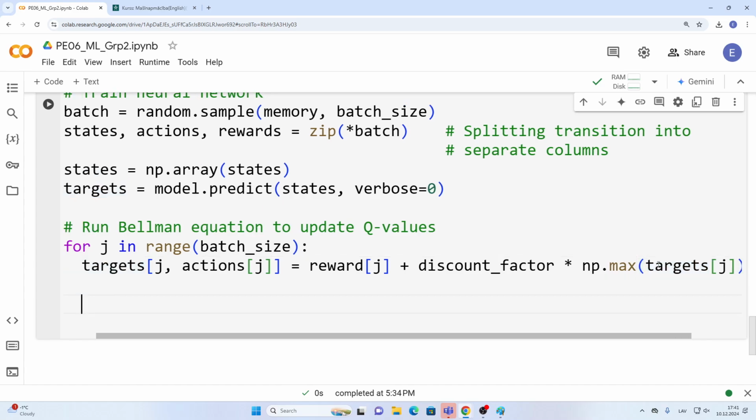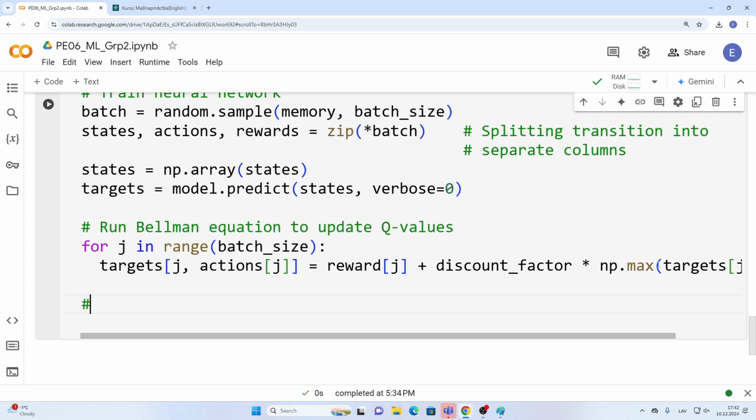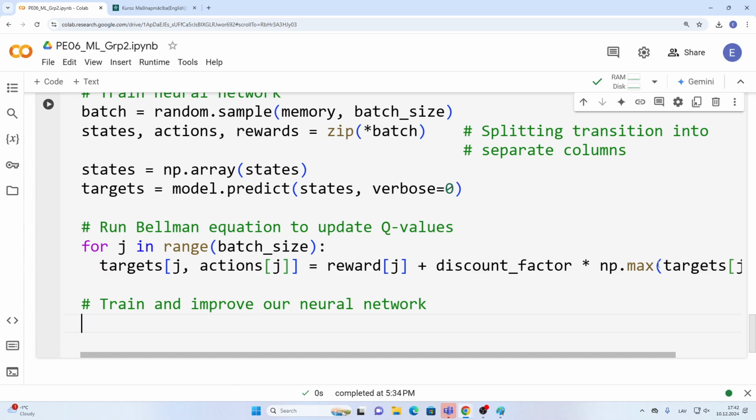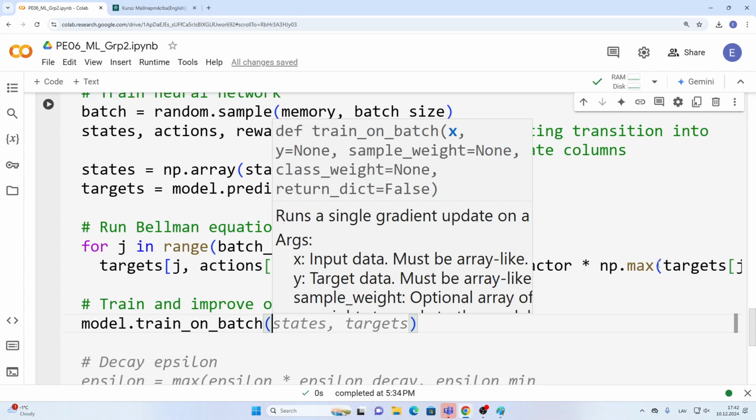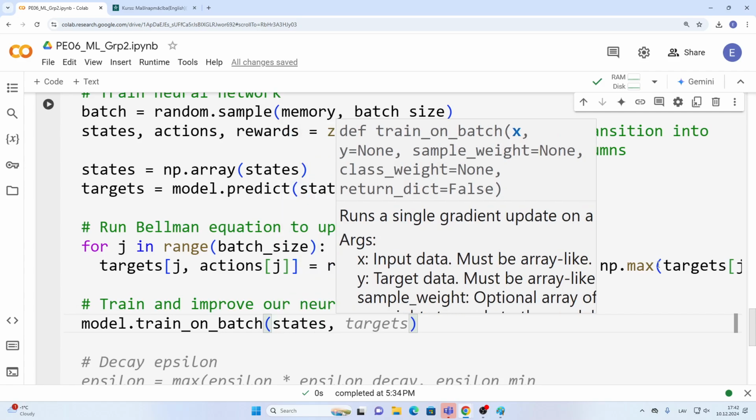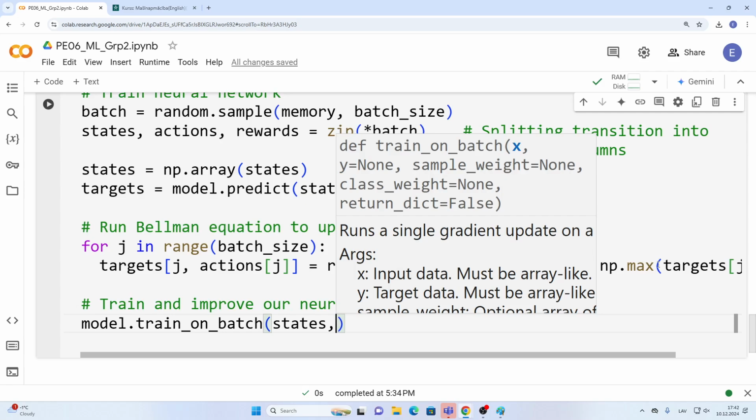And with that in mind, now we are going to train and improve our neural network. So model train on batch. Specifically for this one batch, we are going to specify picture, states, and the expected Q values.